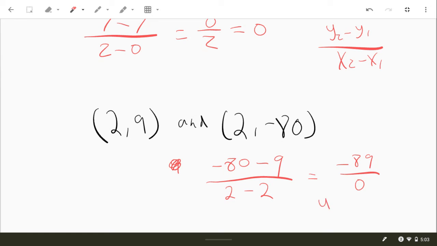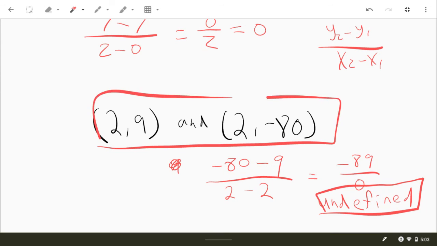You can't divide by 0. So this is undefined, and that makes sense because if you were to plot them, 2, 9 would be about right here. 2, negative 80 would be super far down there, but they would create a vertical line if you were to connect the dots.